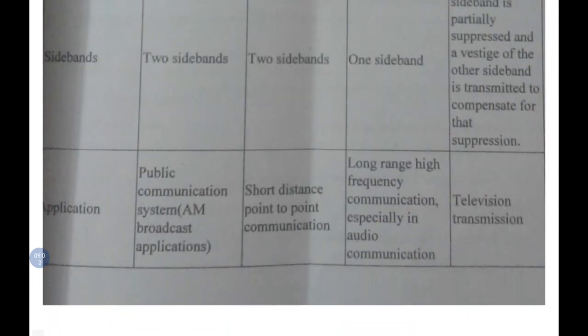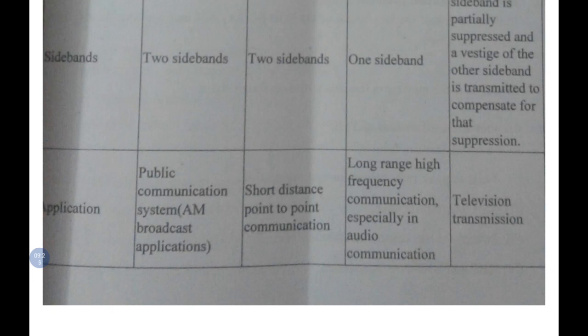And application wise, because you may get a lot of questions based on application. Normal AM is used in public communication system, that is AM broadcast applications and all. DSB SC is used for short distance point to point communication.